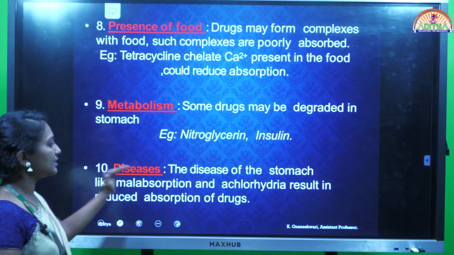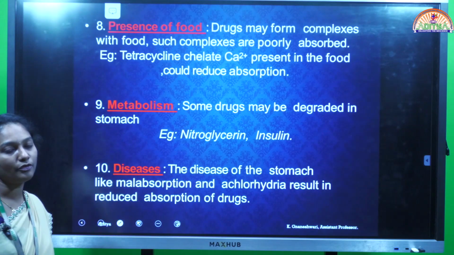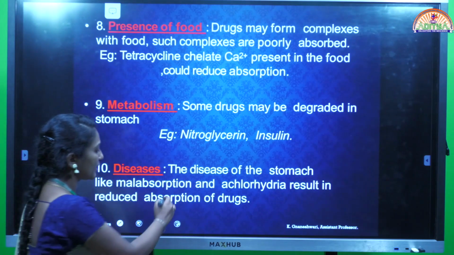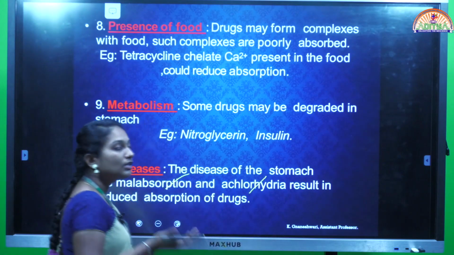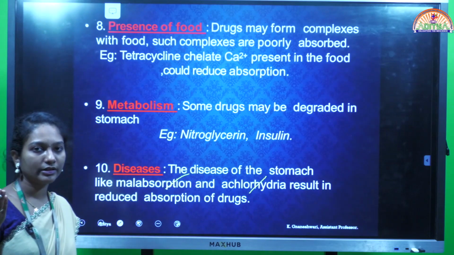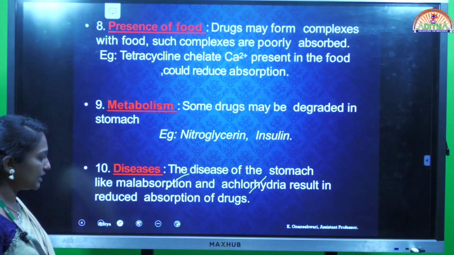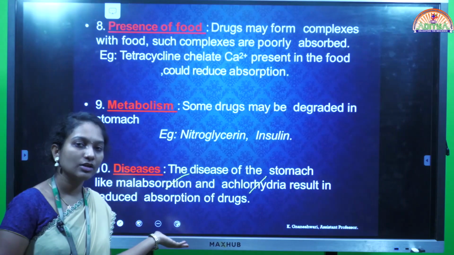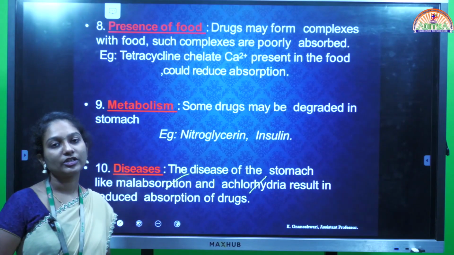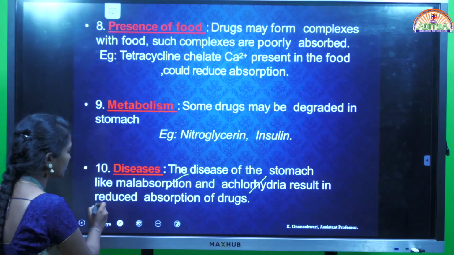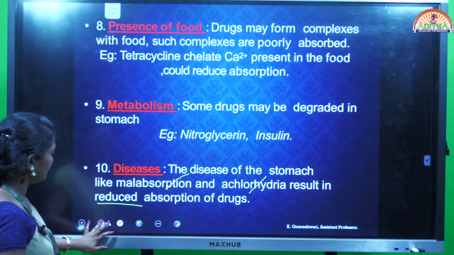And next is the diseased condition, where at times of intestinal diseases like malabsorption or achlorhydria, that is the increased hydrogen content, if H plus ion secretion is increased, it will directly alter the absorption of the drugs, and the absorption will be reduced.